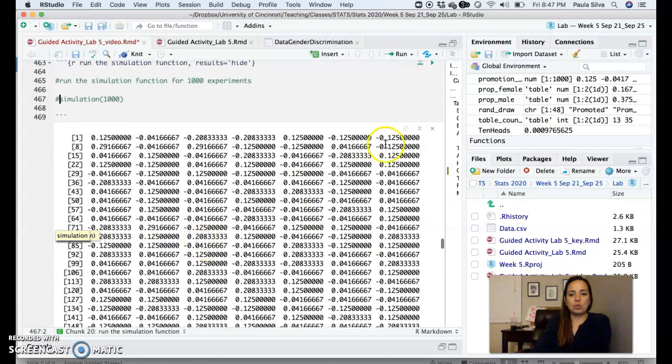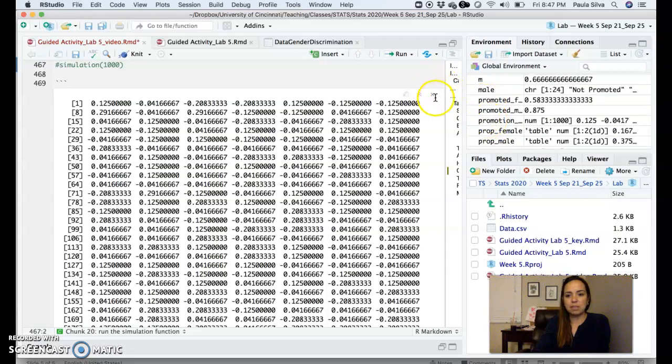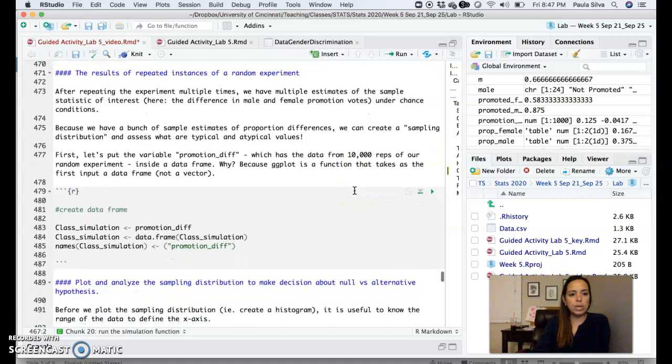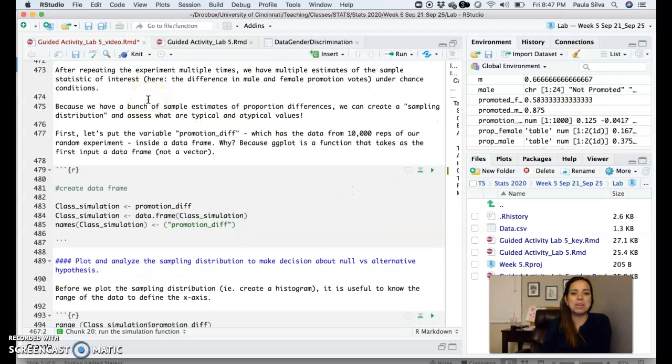All right, so now that we ran the simulation, we saved everything inside that little container. After repeating the experiment multiple times, we have multiple estimates of the sample statistics of interest.